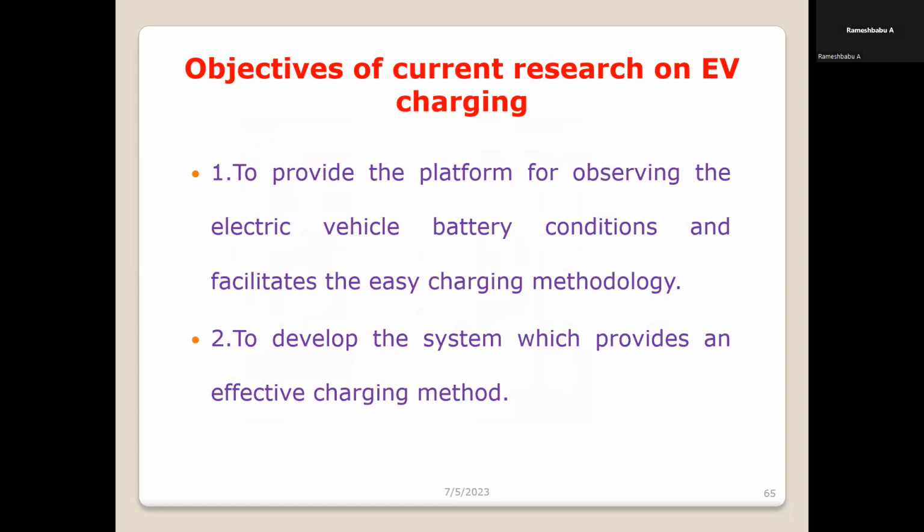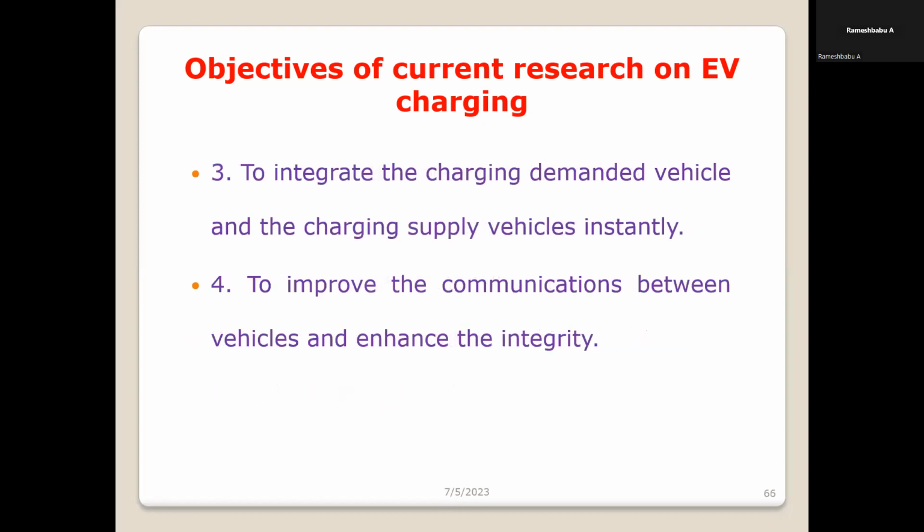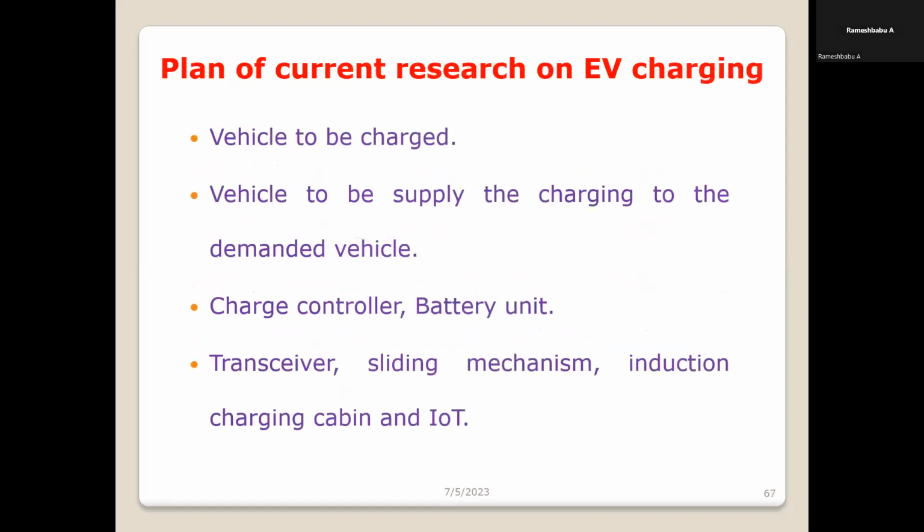The objectives of the current research on EV charging are to develop a platform observing the electric vehicle battery conditions and facilitating easy charging methodology, to develop a system which provides an effective charging method, to integrate the charging demand vehicle and charging supply vehicles instantly, and to improve the communications between vehicles and enhance integrity. So mainly these are the objectives.